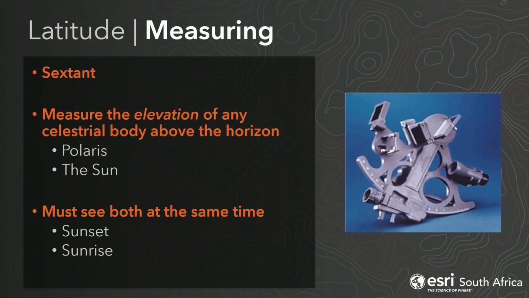The one proviso is you need to be able to see both the celestial body, so the star or the planet, plus the horizon at the same time. Which means it's typically around sunset or sunrise. So you could not work out your northings or southings in the middle of the day or the middle of the night.